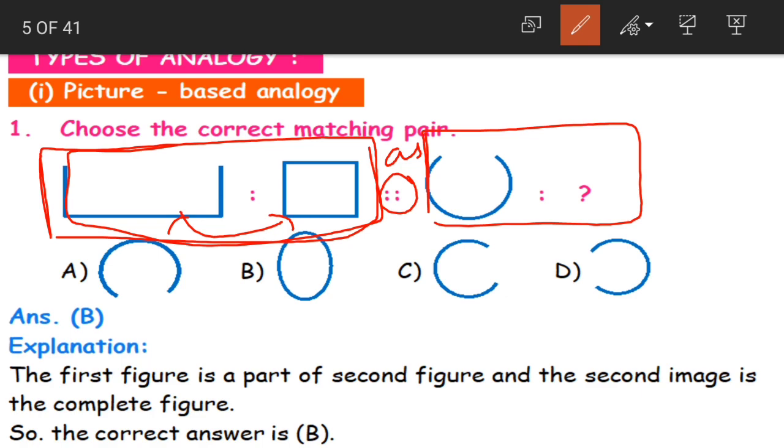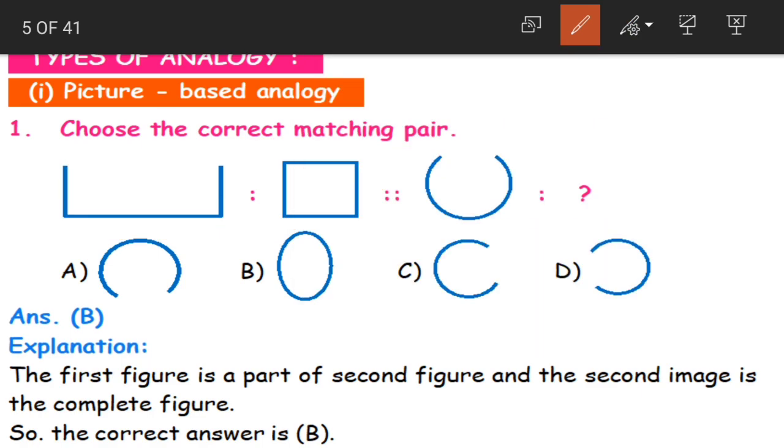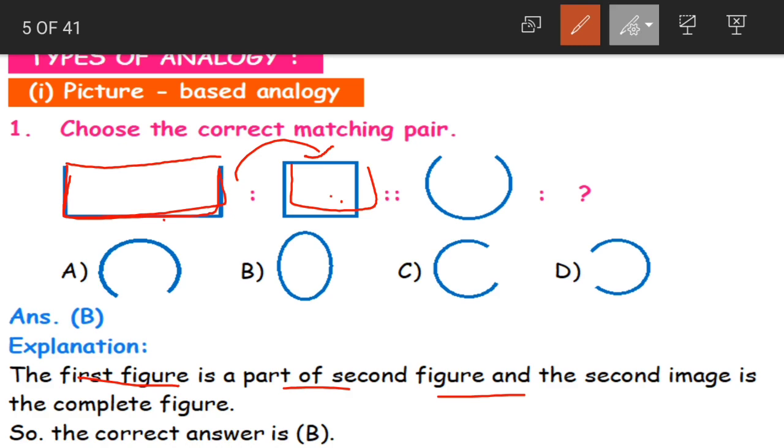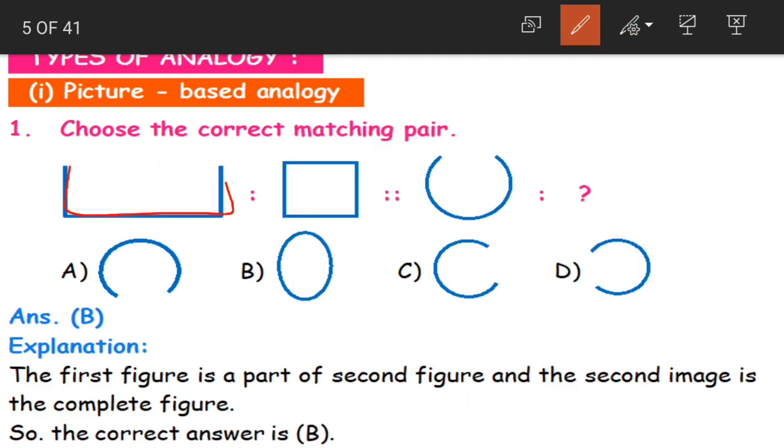What is the relationship between these two? See, from this we will get this. Yes, this is a part of the second figure. If we draw a single line, then it will be our second figure. Understood, children? The first figure is a part of the second figure. It's almost complete.